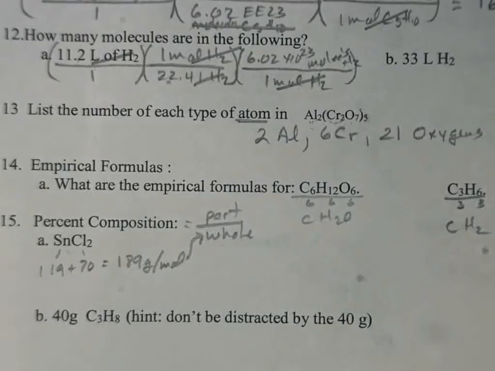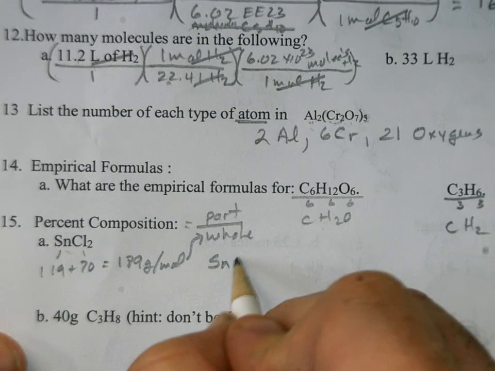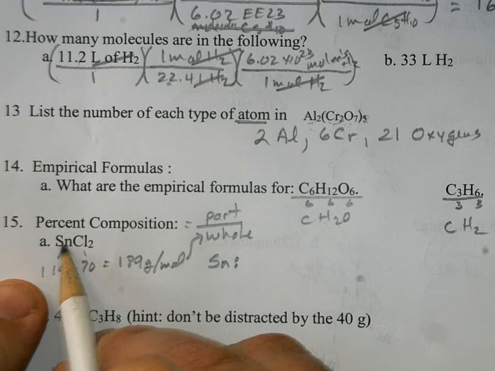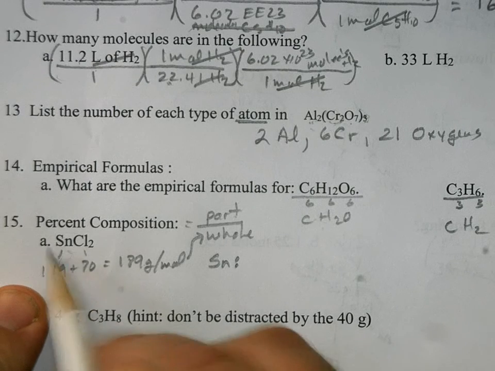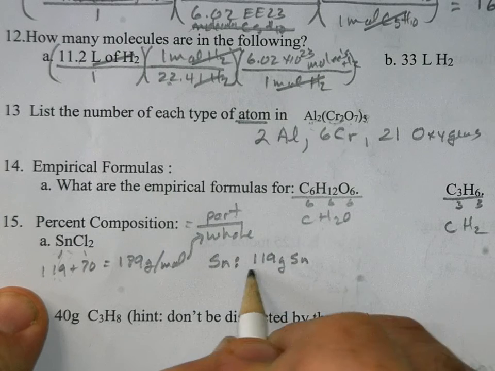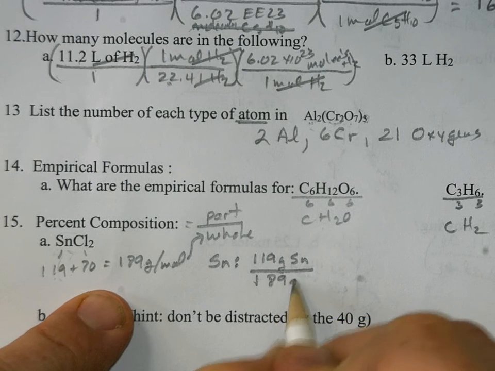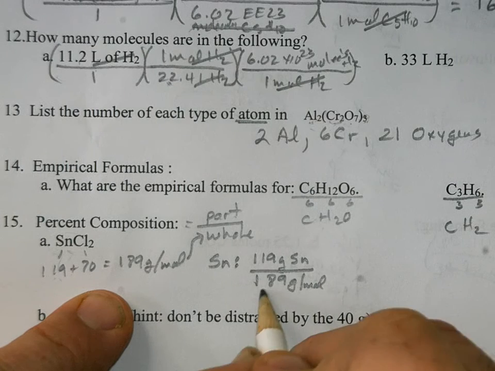So we're going to be dividing by that for this problem. Now the part. Let's do tin first. Sn. Okay, so in 1 mole of tin, we're going to have 119 grams of tin. And the whole weight is 189 grams per mole of SnCl2.